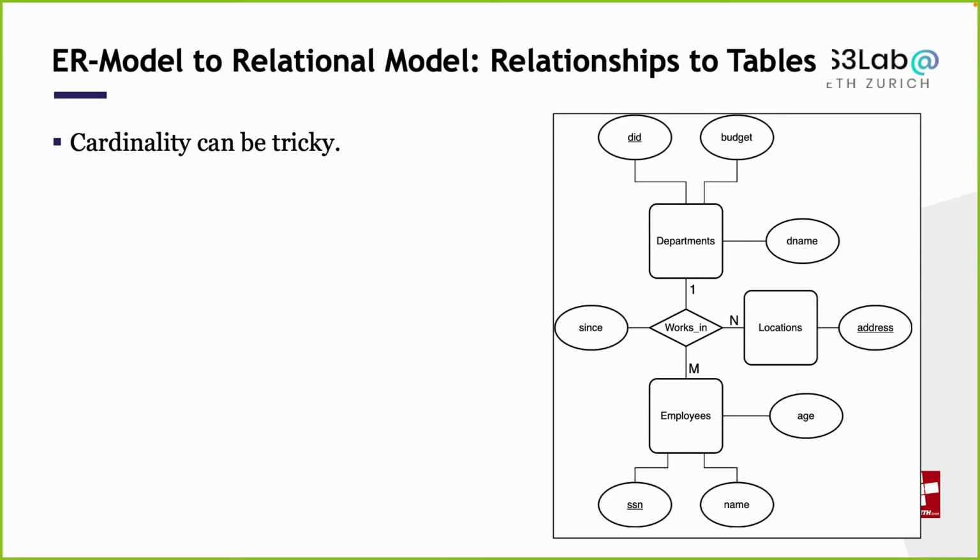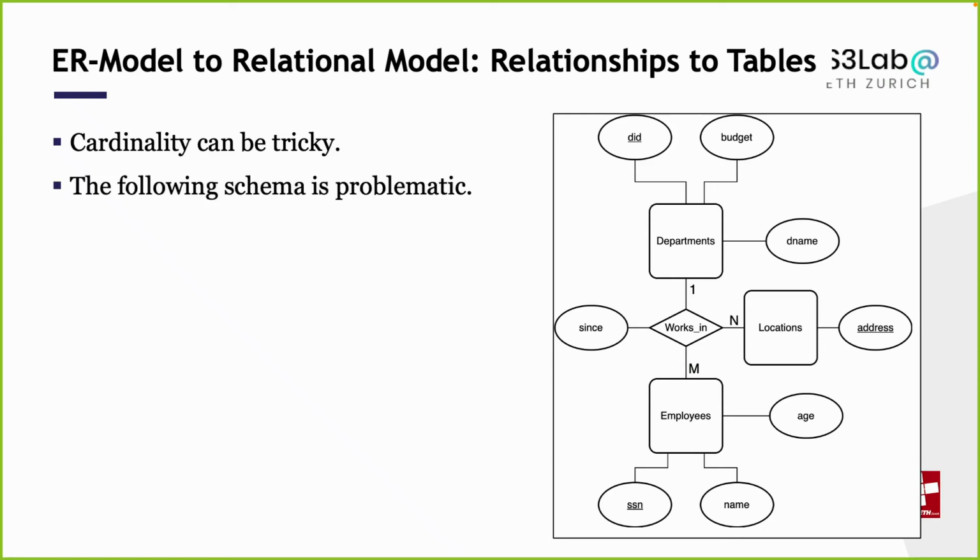What does this mean? This means that I'm only allowing a subset of database instances in this application. Those I allow are such that a unique value of location and employee can only appear once in this relationship. You cannot have the same location and employee mapped to two different departments. So that's what we mean by this.